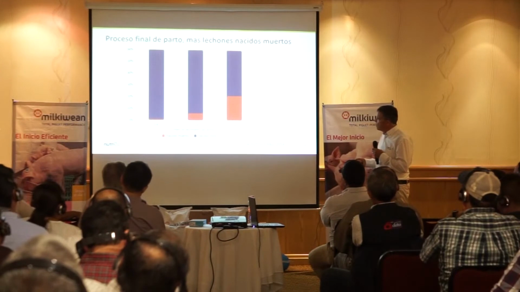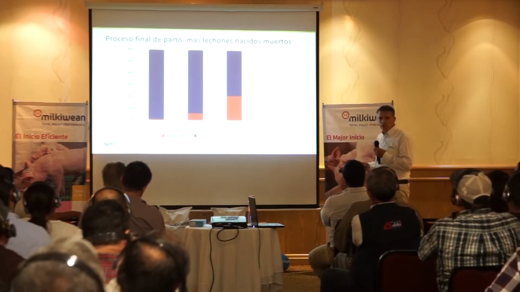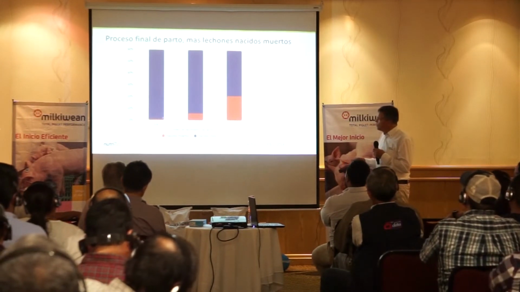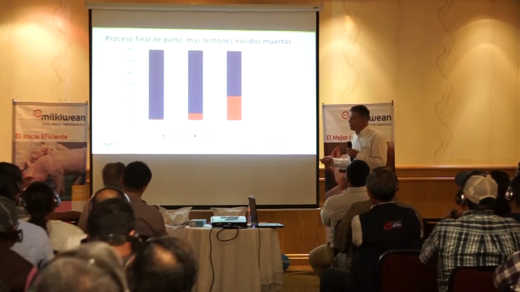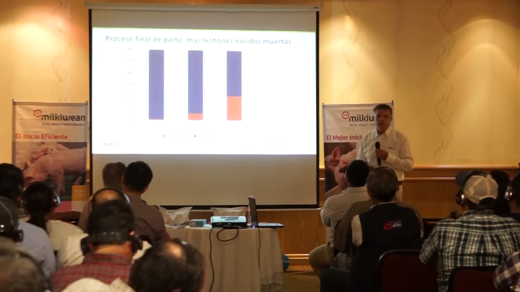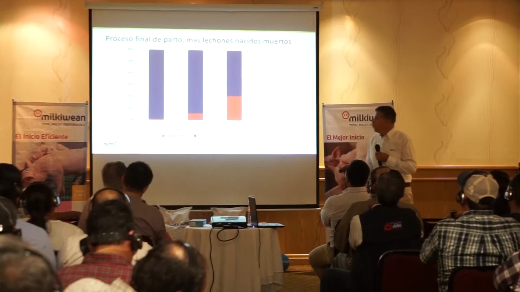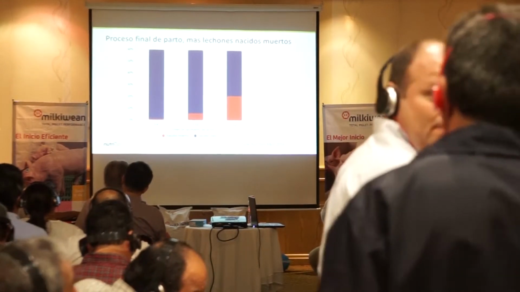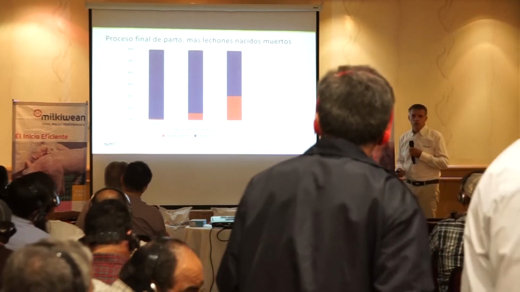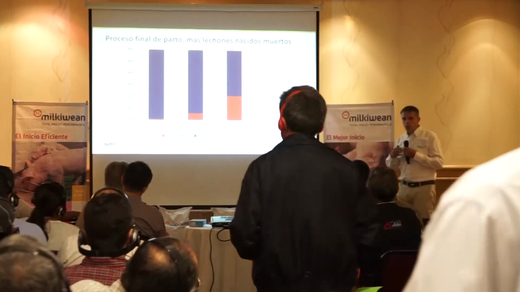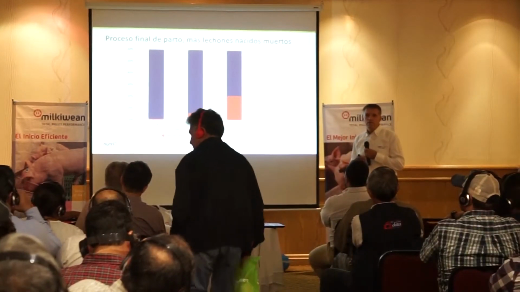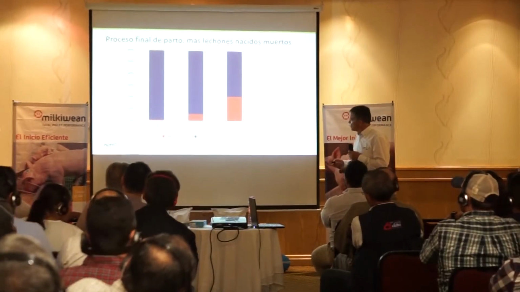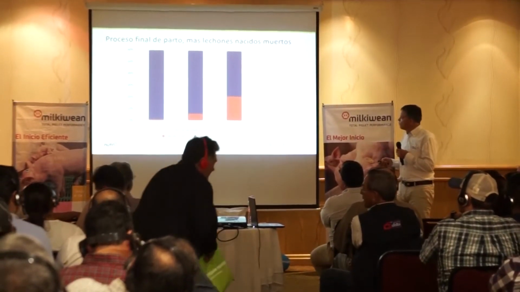And red are the piglets that are stillborn. You see that in the beginning of the farrowing process there is hardly any stillborn piglet, whereas at the end of the farrowing process you have 20% stillborn piglets. So the birth order has an influence on the percentage of stillborn.